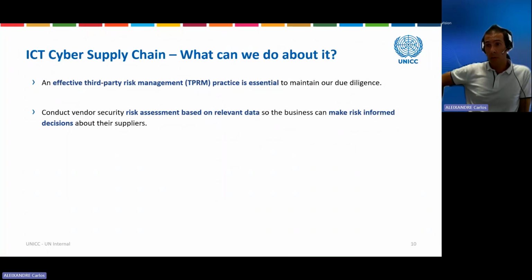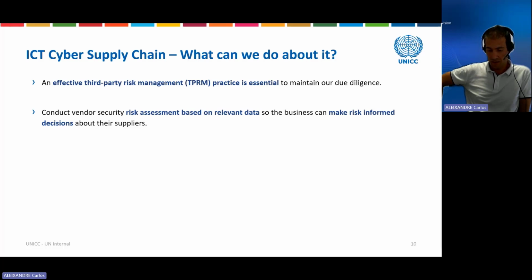So how can we manage this risk? How can we manage the ICT supply chain? First of all, we need to put in place an effective third-party risk management practice, which is essential to maintain our due diligence, right? And we need to conduct vendor security risk assessments based on relevant data.